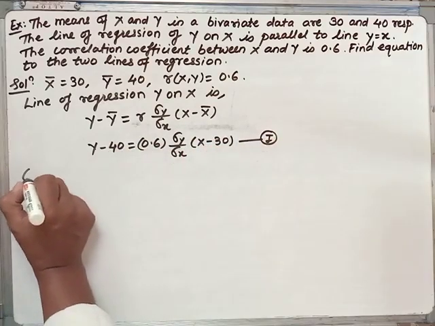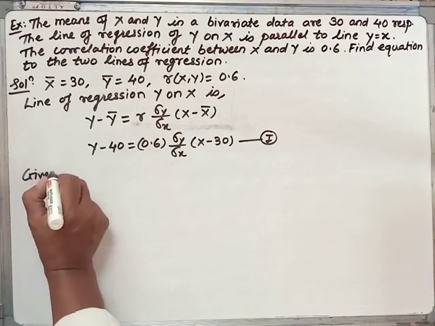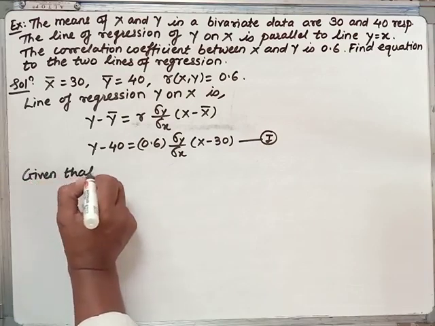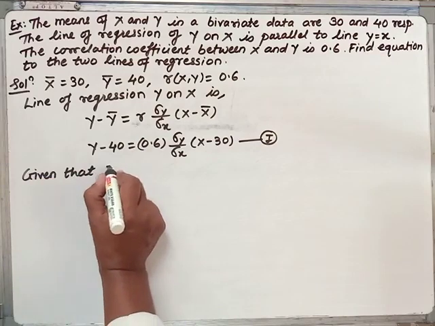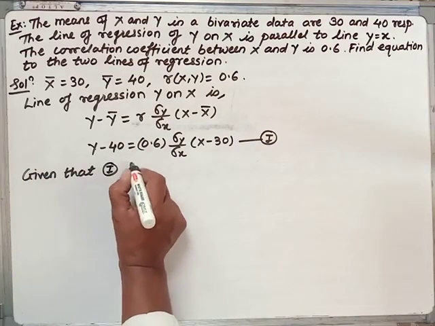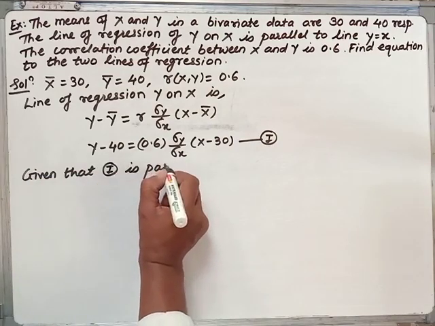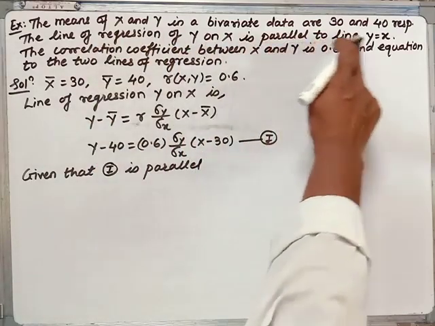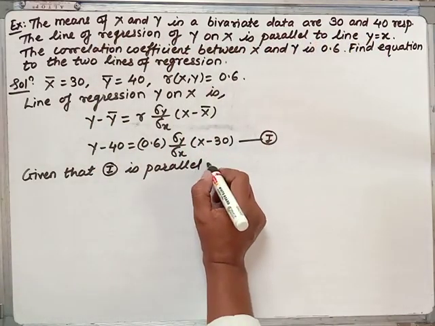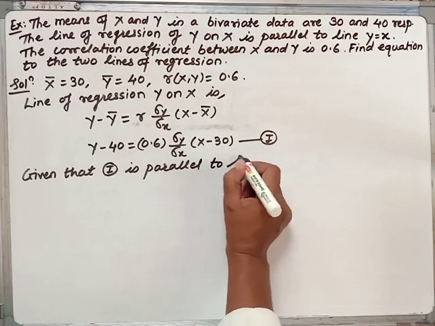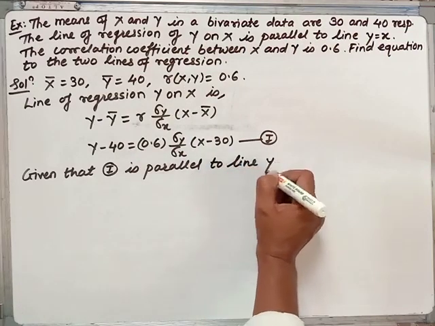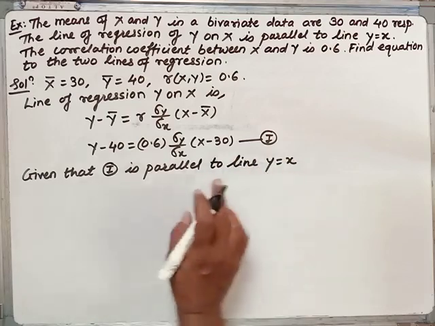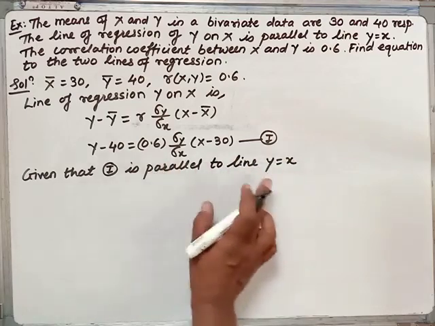Now it is given to us that this line of regression y on x is parallel to the line y equal to x. So if these are parallel, then their slopes must be equal.